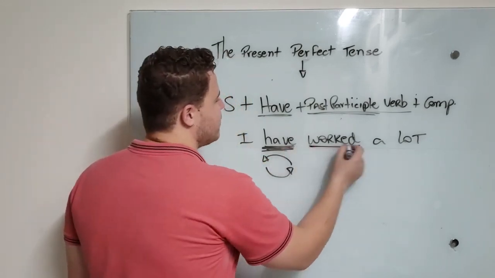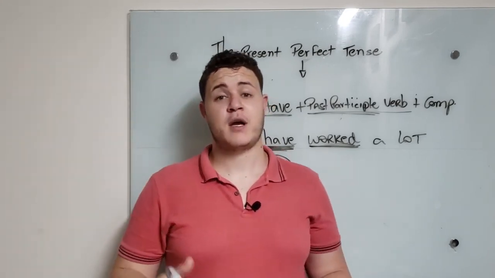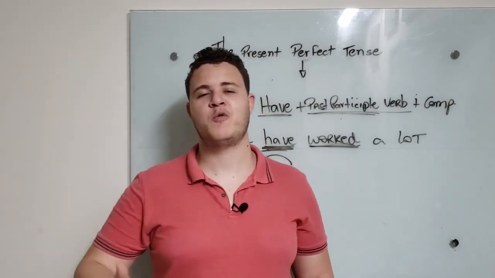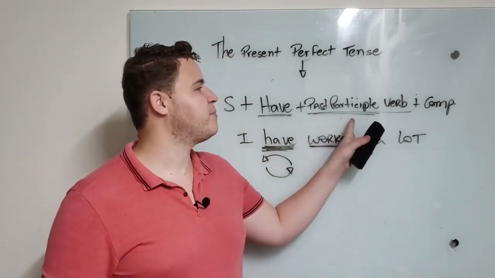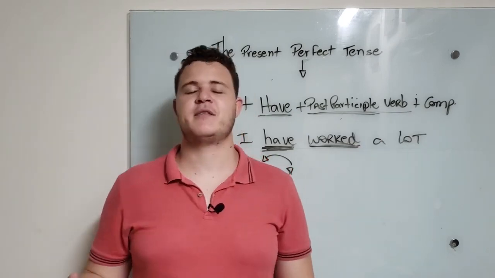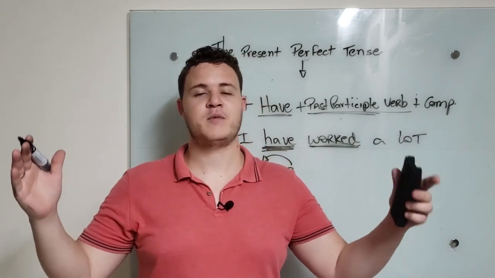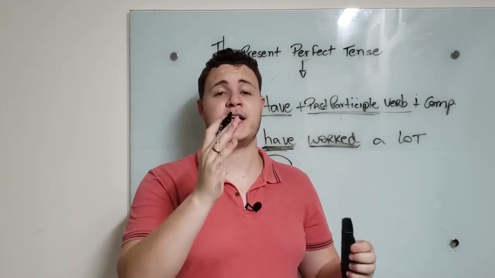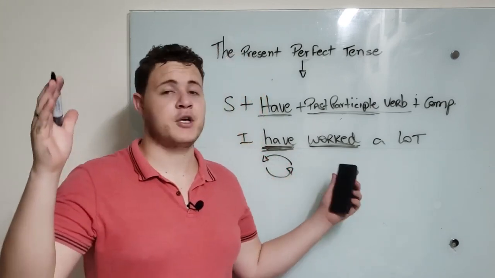And when we talk about worked, we know the present for work is work and the past is worked. But this worked is the past participle verb. So this verb is a little bit different from worked. Do you remember the verb conjugation columns? We have the first column, second column, and third column. This is part of the third column.